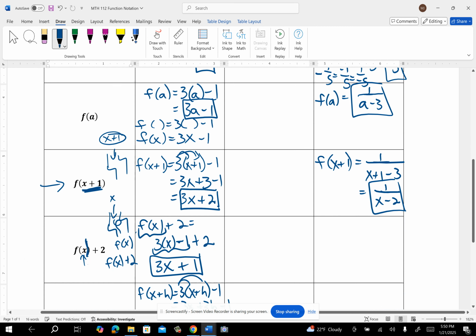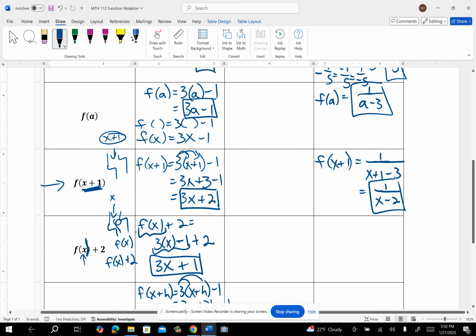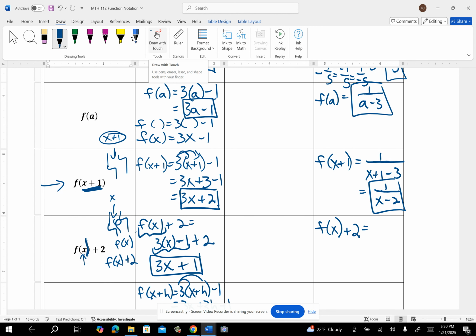All right, now, if I do f of x and then add 2, f of x, close that parenthesis and add 2, then my input to the function is just x, so that's 1 over x minus 3, and then I add 2 after the fact. Now, sometimes this is not considered fully simplified, or technically it's not, because you could combine that into one term.